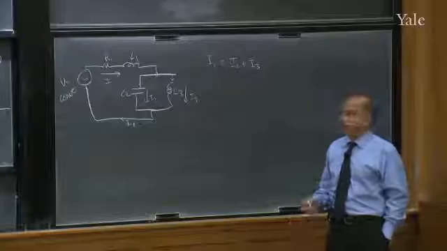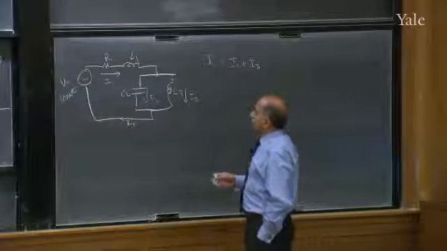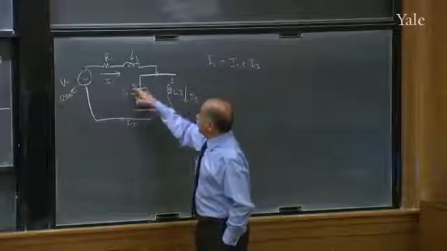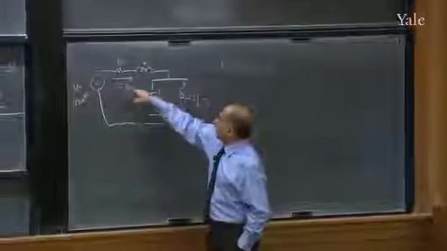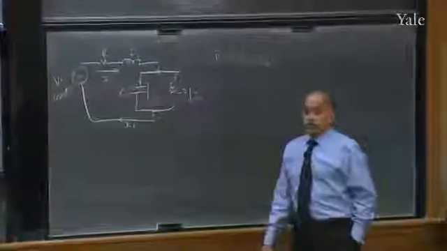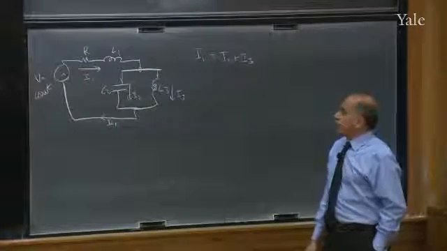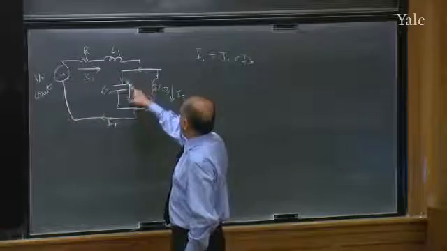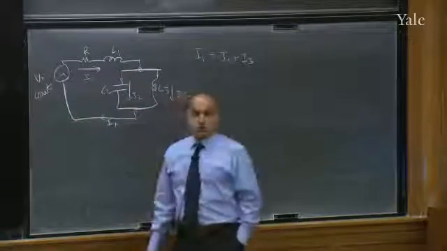How many free independent currents are there? Generally, if it's a simple problem, it's equal to the number of loops you have. That's a loop here, that's a loop there. You can draw many other loops like that one and that one, but they will not give you any new results. So you've got to write voltage equations that say if you go around a loop and you come to where you start, the change is 0.